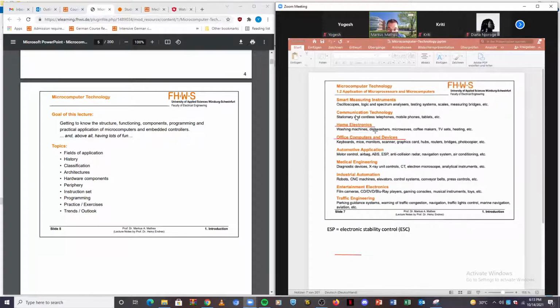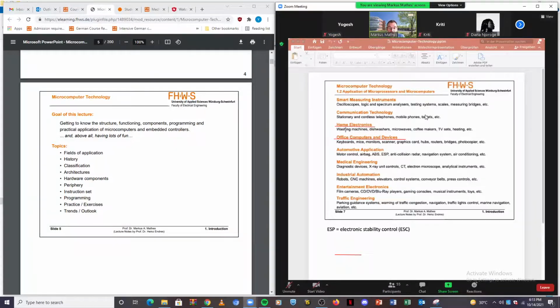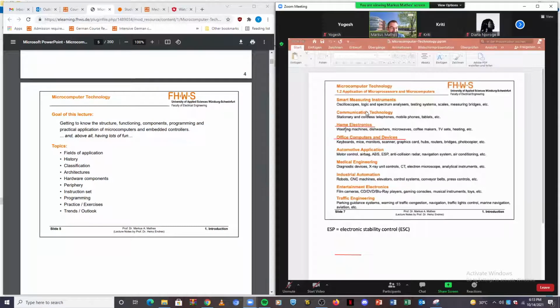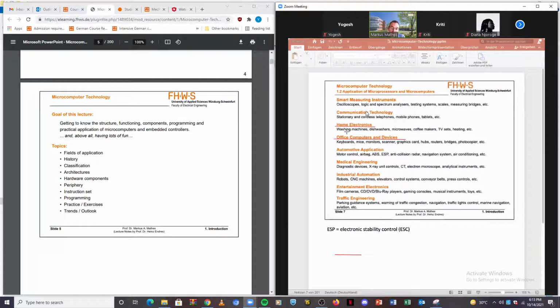microprocessors in use. Maybe you have a very sophisticated washing machine, not only warm and cold, but more programs for specific clothing. Then you have a microcomputer to drive and control the entire machine, your dishwasher, your microwave oven, your coffee making machine, your TV set, your heating; all of these use microprocessors in the end.